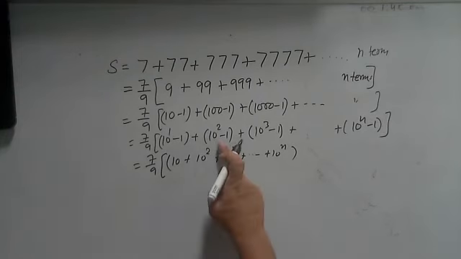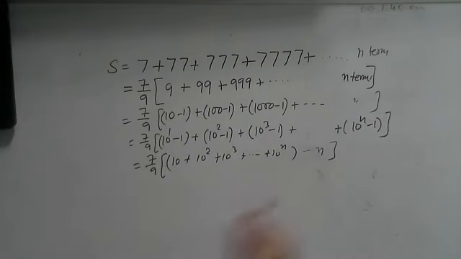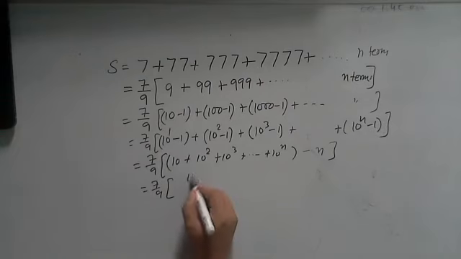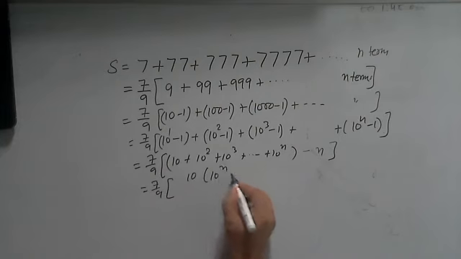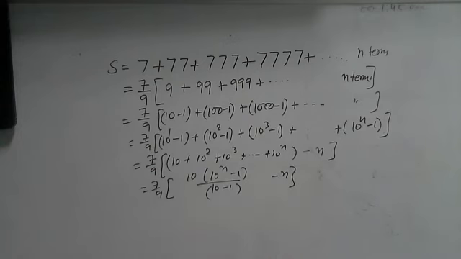Now minus 1 minus 1 minus 1, when you add minus 1 up to n times, it will become minus n. Now it is a GP and you all know the formula for the sum of n terms of a GP. You just tell me what is the formula? Yes, a times r raised to the power n minus 1 upon r minus 1, and along with that we have got minus n.